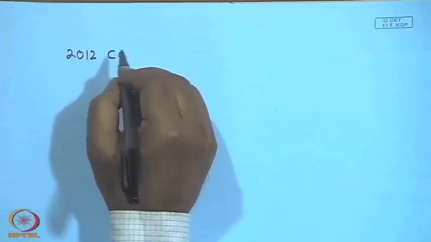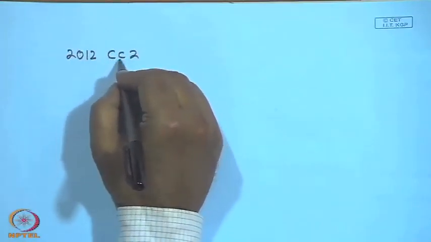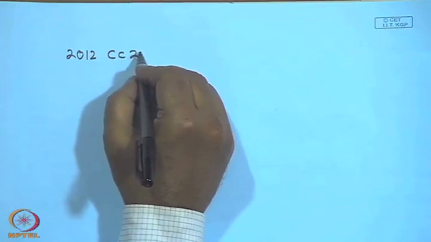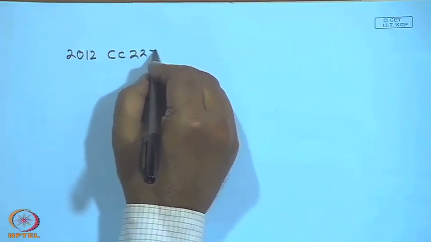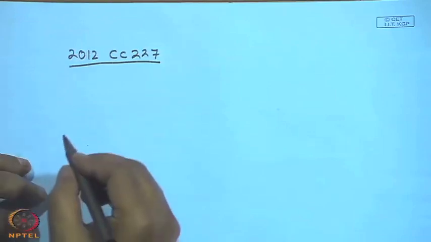So, let me just quickly go to one more example, then tomorrow we will talk about nitrogen-15, for example. This is a paper from 2012, a fresh paper actually, in Chem. Commun., page number 277. It is a very interesting compound. Only just last month they have found a different structure.